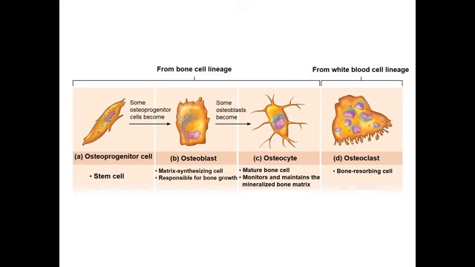It's got a very funny shape because it's like a phagocyte, so it eats up bone matrix and can also eat up osteoblasts. The osteoclasts also contain digestive enzymes, obviously, like lysosomes, so they can digest whatever they gobble up.